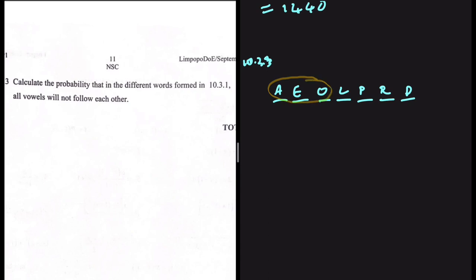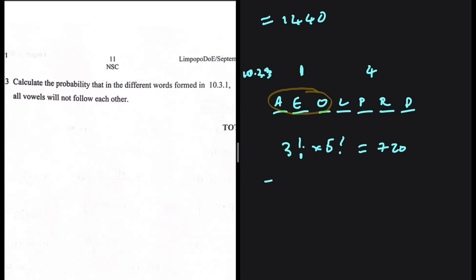Wherever they are, they need to be close to each other. Even though the vowels are next to each other, there's still 3 factorial ways of arranging them. We can start with E, we can start with O, and so on. So we're going to have 3 factorial. This is for the arrangement of the vowels among themselves.